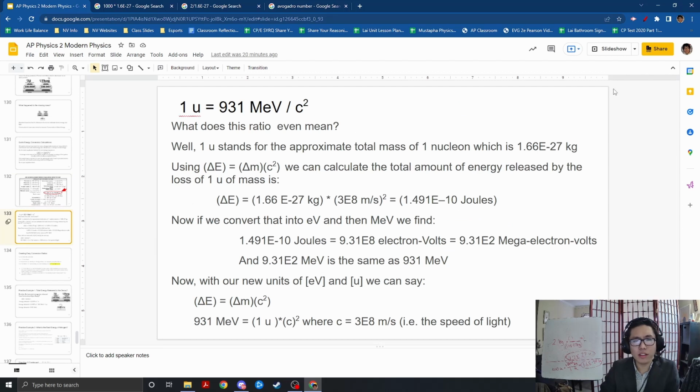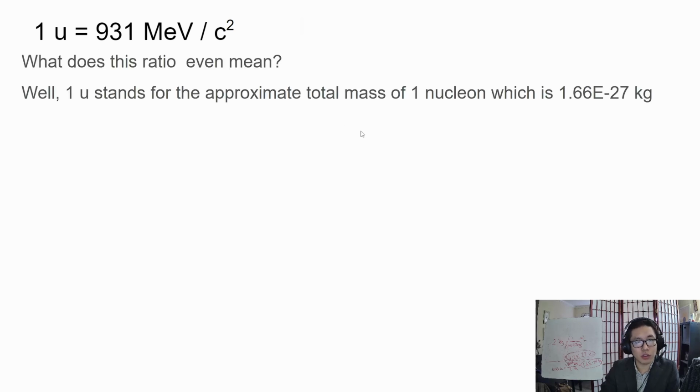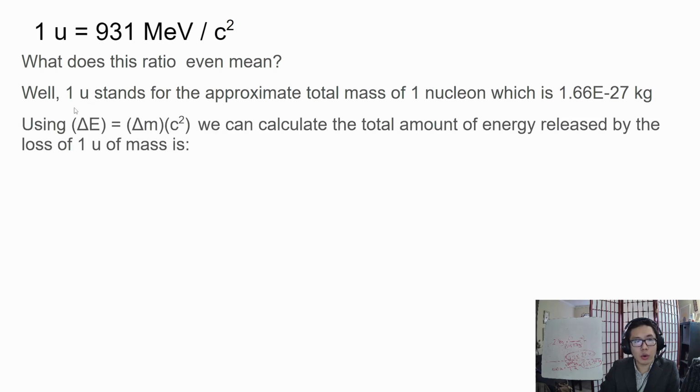So what does this even mean? So let's take this slowly. 1 atomic mass unit is equal to 931 mega electron volts divided by c squared. We're going to actually break this down, and what we know is that 1 atomic unit is 1 nucleon, so this much mass, 1.6 times 10 to the negative 27.